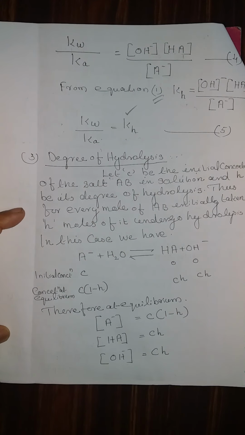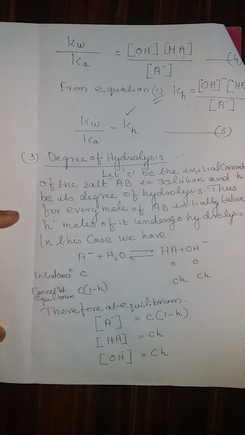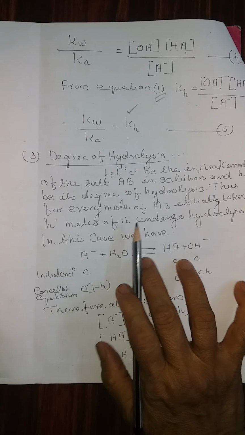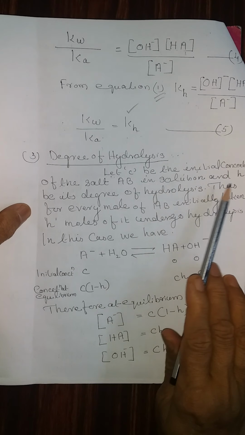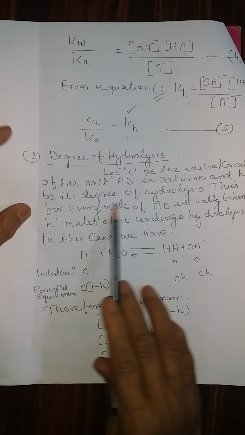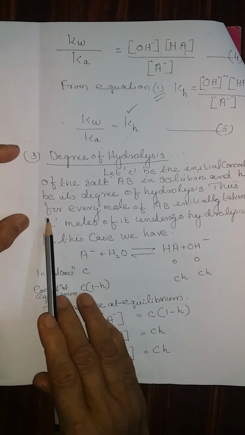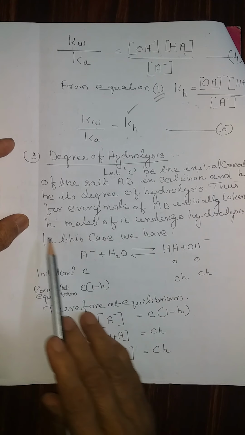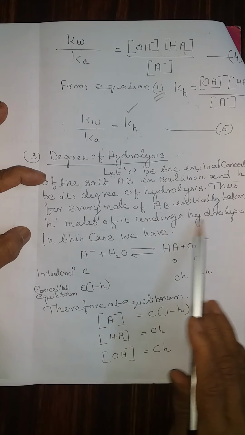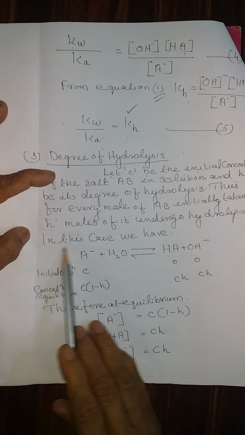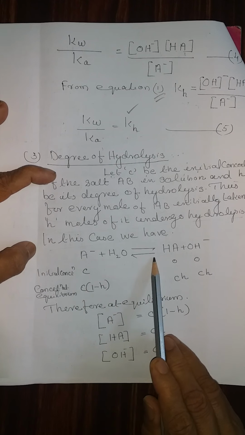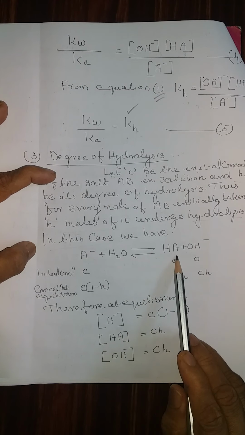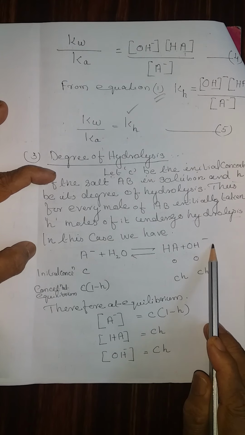We got another value. Now, next is the degree of hydrolysis and pH. Let C be the initial concentration of the salt AB in solution and h its degree of hydrolysis. Thus, for every mole of AB initially taken, h moles of it undergo hydrolysis. In this case, we have A minus plus H2O undergoes hydrolysis and forms HA plus OH minus.